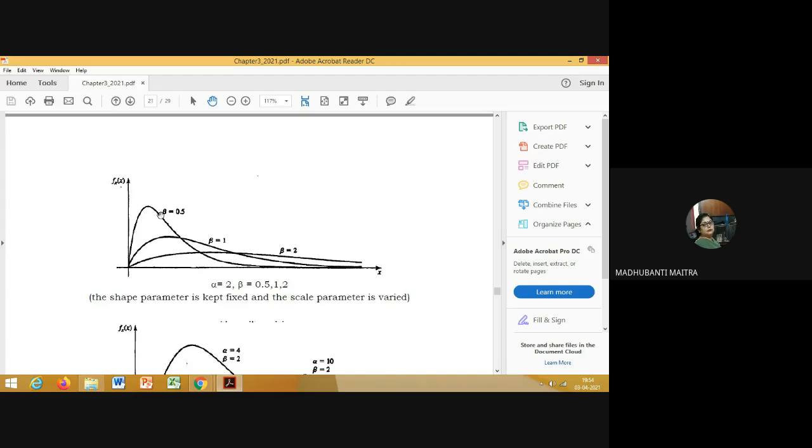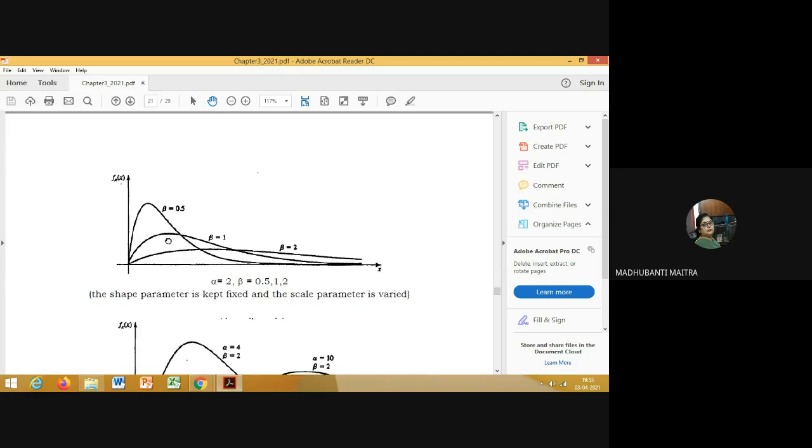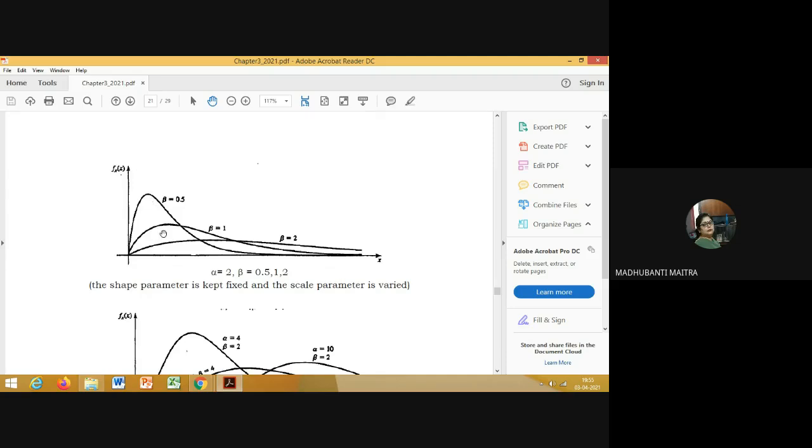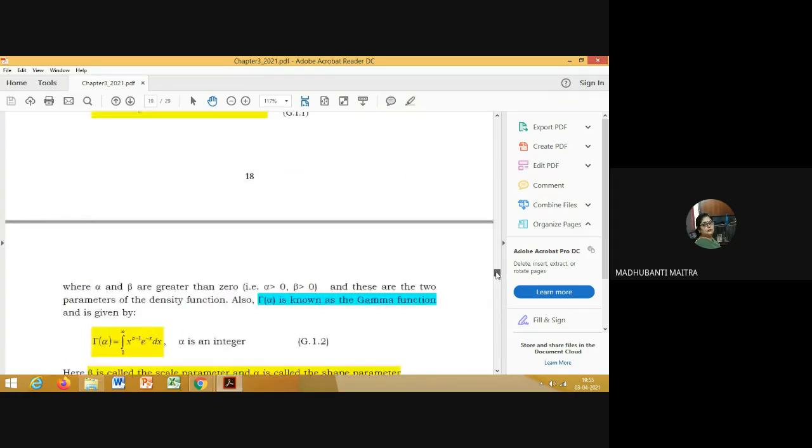Only, for beta equal to 0.5, this is the peak value, whereas for beta equal to 1, we are not getting a very sharp, pronounced peak like this. So we can say that this is to some extent a scaled down version of this one. Just forget about the previous explanation, I'm extremely sorry.